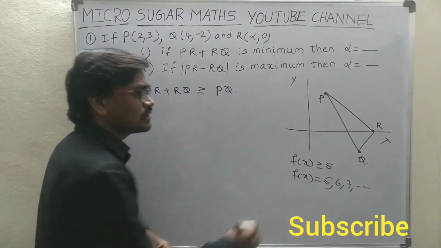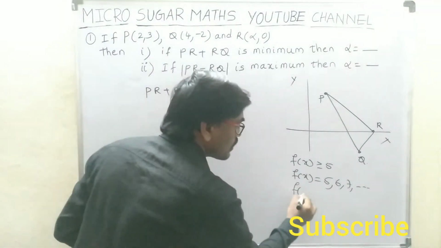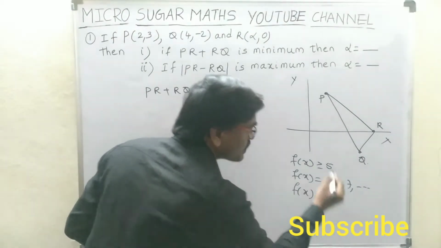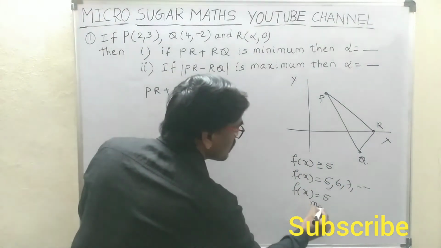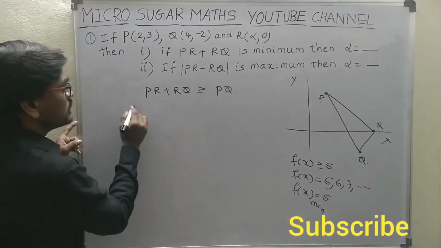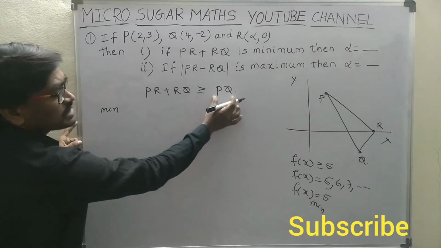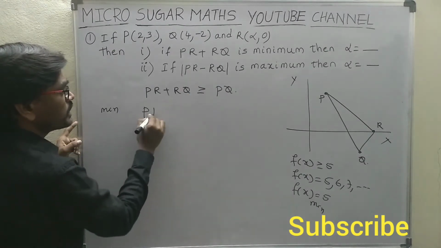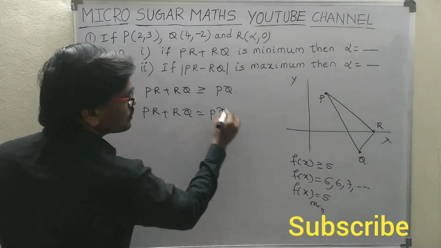Now students, what is the minimum value of f of x? The minimum value of f of x is 5. Similarly, the minimum of this function is our starting value PQ. Therefore, PR plus RQ is equal to PQ.